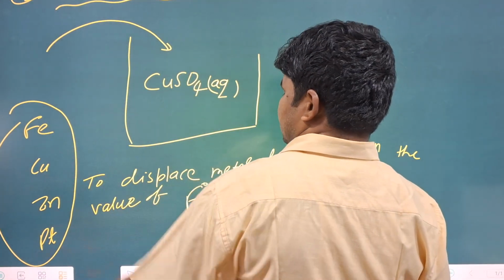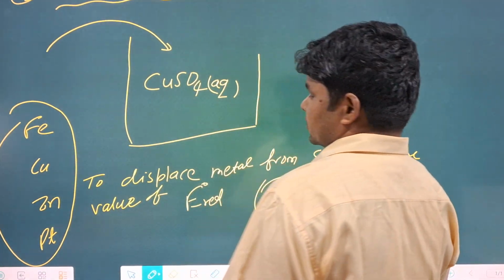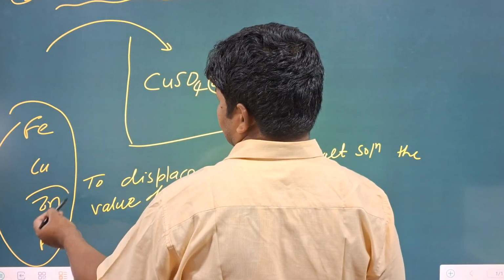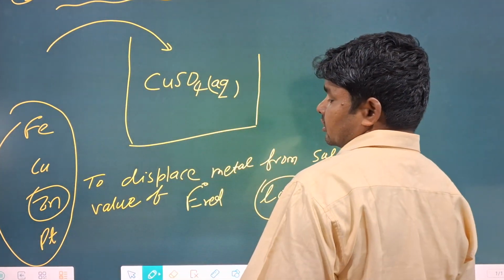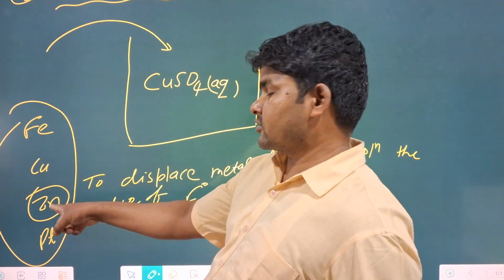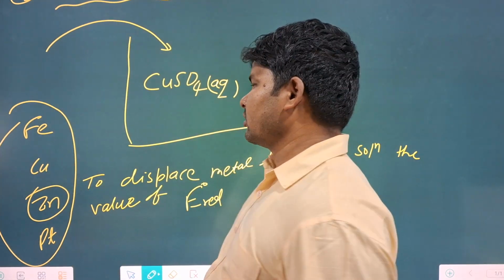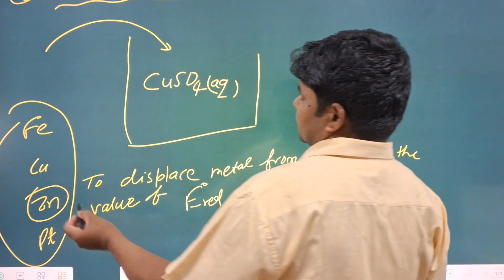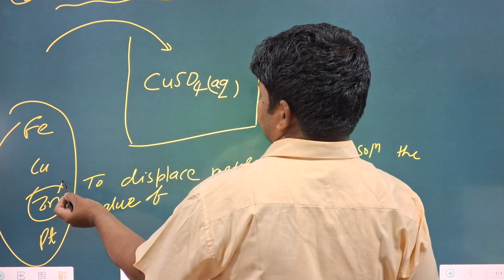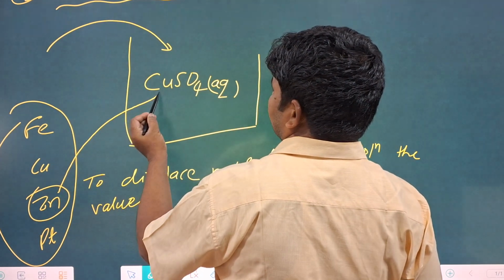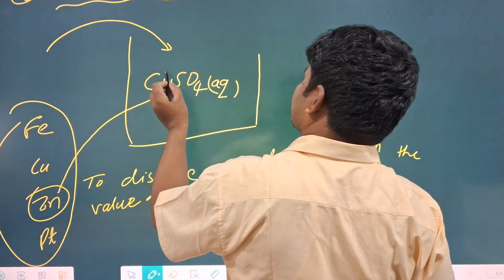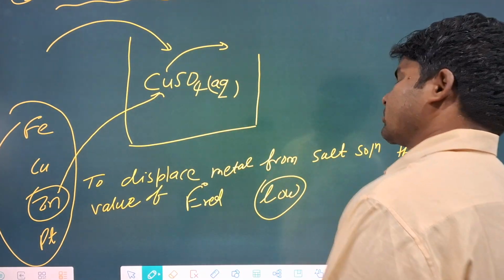In the electrochemical series, zinc has a highly negative value of reduction potential, hence the reducing power of zinc is greater than platinum, copper and iron. Hence zinc is more powerful to displace copper from copper sulfate solution.